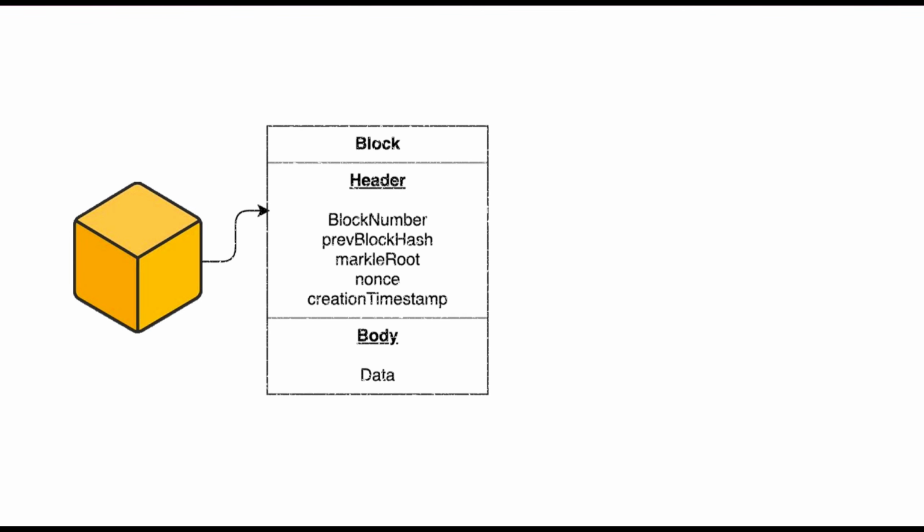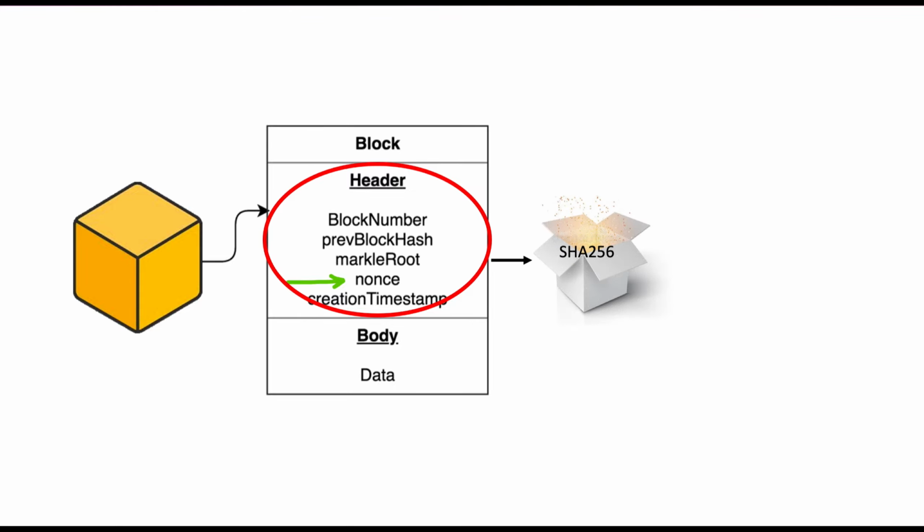In the How Mining Works video, we talked about how a blockchain produces new blocks through mining. Mining is a process that adds a nonce to the block header and bundles up all the information inside the block header with this nonce, puts them into SHA-256 together, then gets a hash.